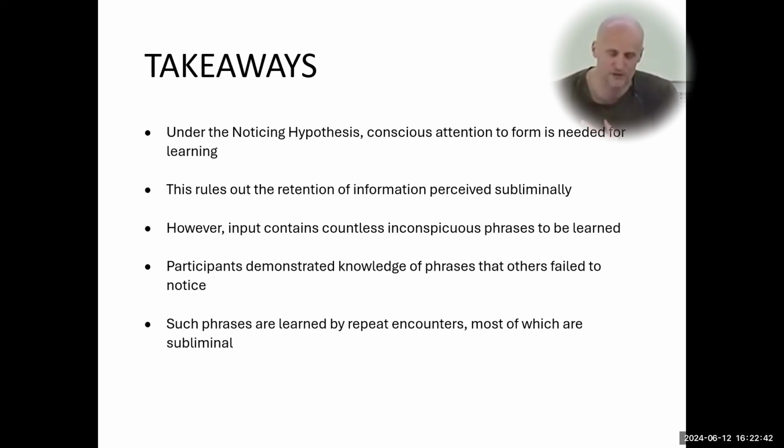So according to Schmidt, there is no such thing as subliminal automatic implicit learning. You really have to consciously notice things. But the problem with this idea is that the input contains a lot more information that is non-salient, and it's very unlikely that we notice every single case of a construction being used to mobilize our conscious attention.